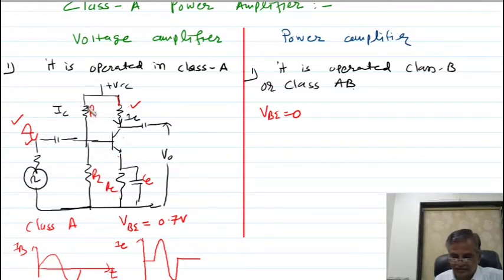Here you have adjusted the values of R1 and R2 such that your VB is 0.7 volt, but in class B mode the base emitter voltage is kept 0. I will show you a way. This is one circuit, and here I am keeping this circuit like this.